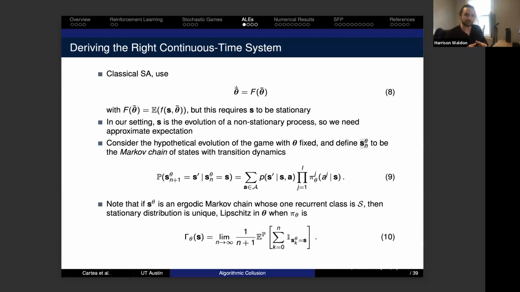We have the transition function, and then we multiply by the probability of taking any vector of actions. So if this hypothetical evolution of the state process S theta is ergodic, then there exists a unique stationary distribution on states, which is given by the long run average frequency of visiting a certain state.